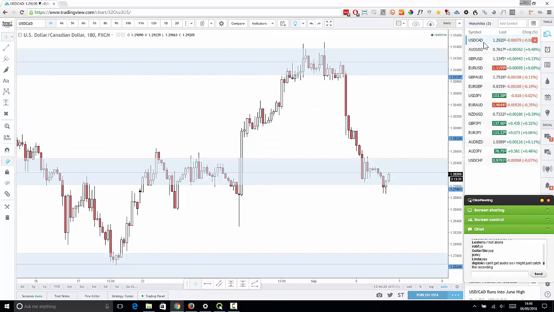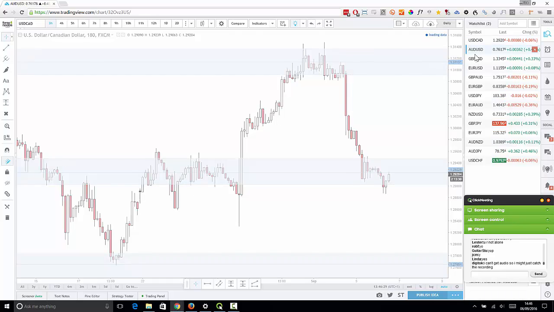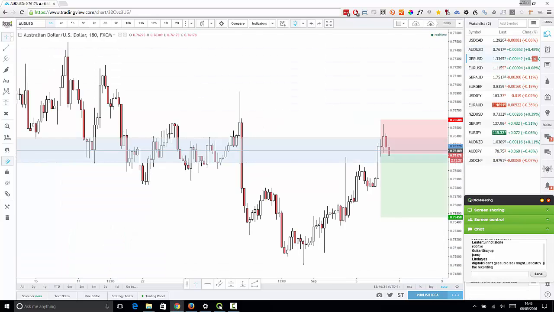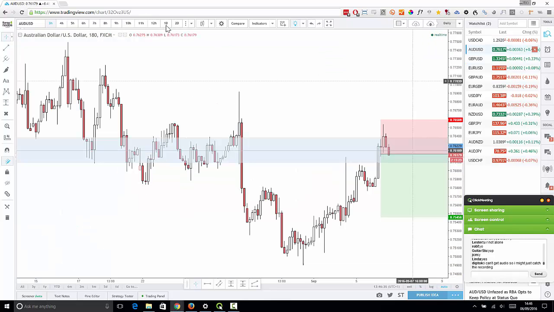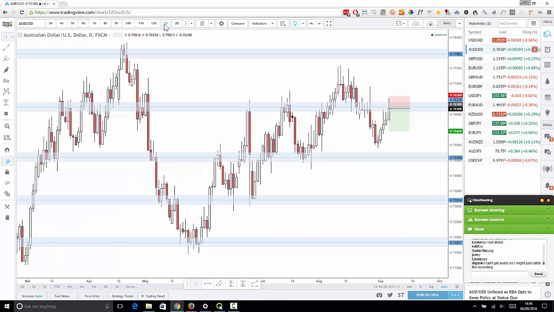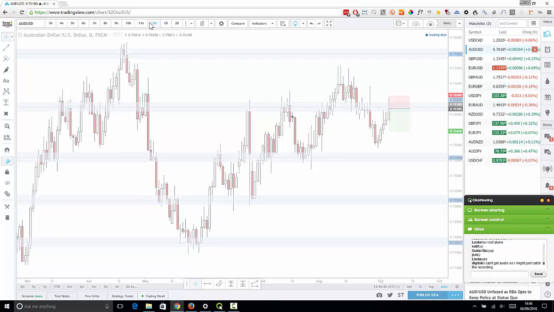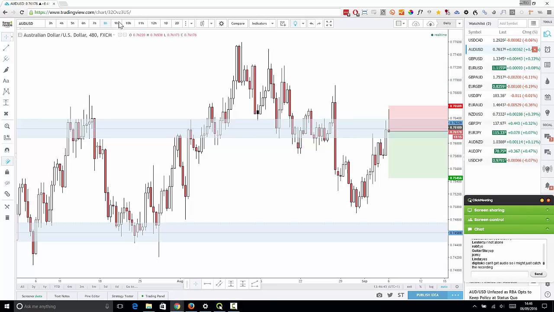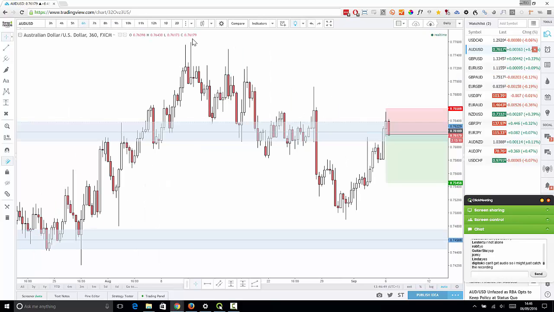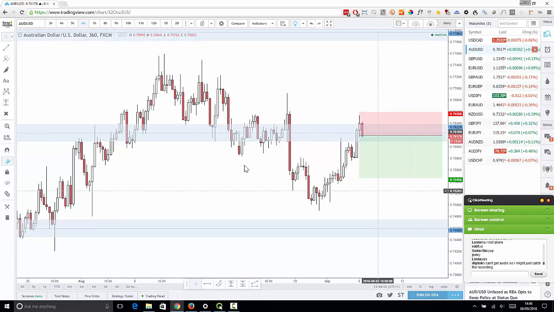So we do have potential setups on USD CAD, on AUD USD, and on GBP USD. Damn it, AUD USD looks like it's already falling. Might be worth taking on the 6 hour.